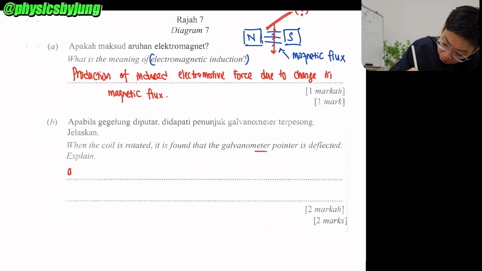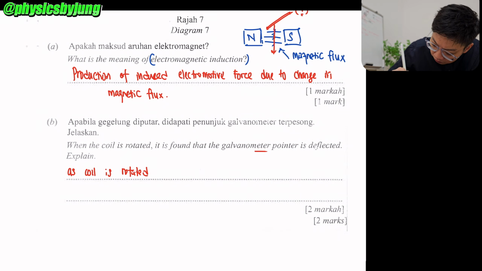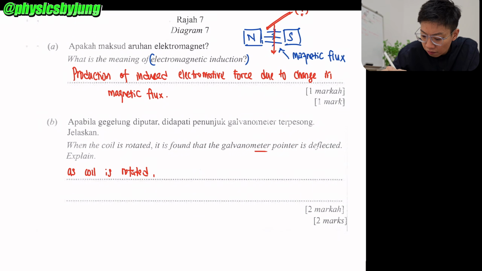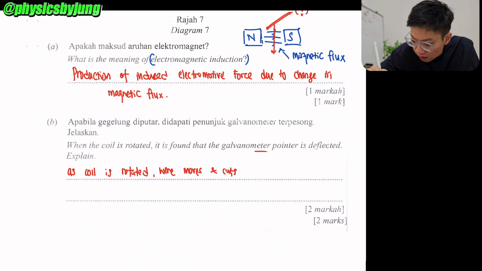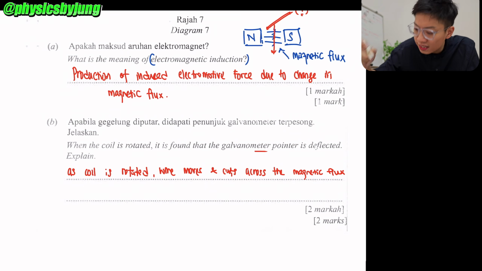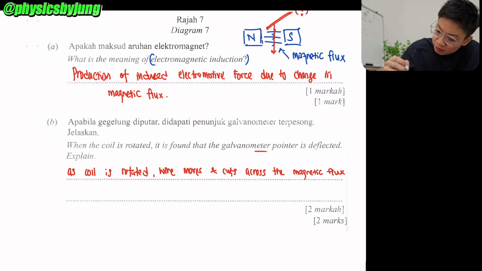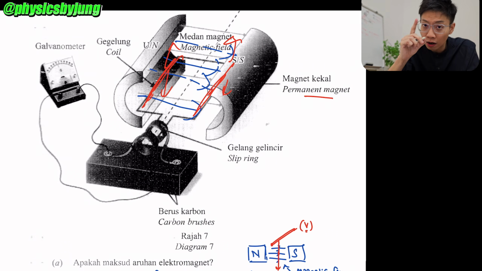Okay, so what will happen here is actually cutting of magnetic flux, but we say change. So you can see that as your coil is rotated, the wire moves and cuts across the magnetic flux. Okay, try to be more specific. Whose magnetic flux? Magnetic flux of the permanent magnet.